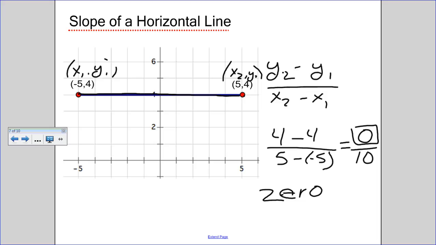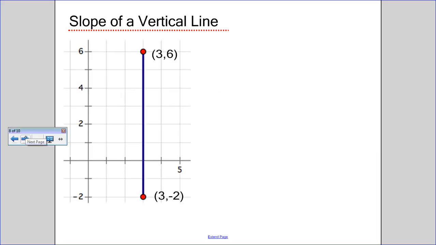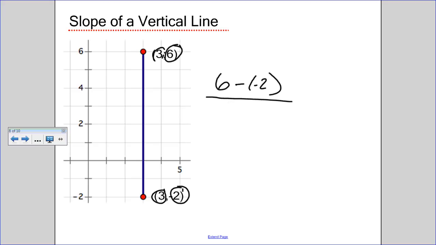Now, let's look at what would happen if we had a vertical line. We could use our formula again to find the slope of a vertical line. In this case, if we set up our fraction, it would be the change of our vertical values, remember? So we would say 6 minus -2 over the change in our horizontal values, which would be 3 minus 3.